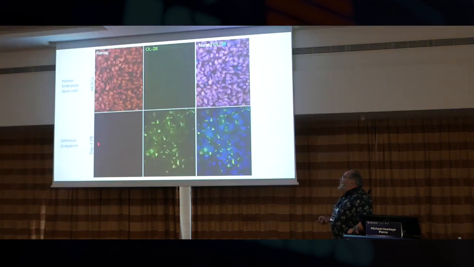And interestingly, when we looked at human embryonic stem cells and their differentiation into definitive endoderm, this basically is a marker for the stem cells, and here's the antibody to polysialic acid. And if we induce these cells to differentiate to definitive endoderm, and this is done in our center by Steve Dalton, who studies early embryonic differentiation in stem cells, you can see Nanog is turned off, but then polysialic acid is turned on very strongly.